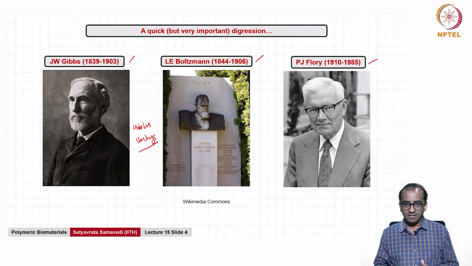Gibbs was also a very self-contented man, and these are some lessons that we can learn from these great gentlemen. So Gibbs, except for a brief period when he visited Europe, never left the New England area in the US, and he spent most of his life at Yale University. And for a large part of that period, he was not even given a salary. And when Hopkins decided to attract him with a salary, Yale countered with a salary that was lesser, and Gibbs decided to stay back.